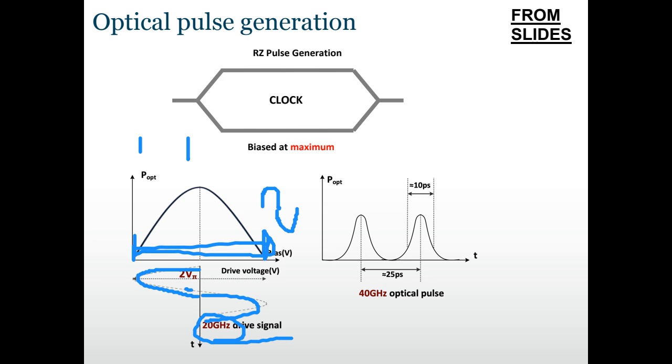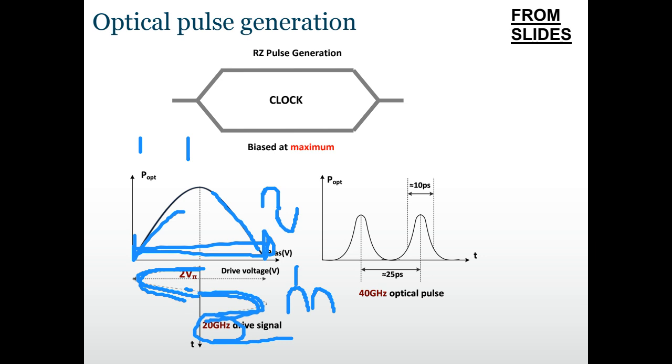So for the first half, the optical output is a peak. And then for the second half, the transfer function is the inverse of the first half, so what we have is another peak. So this reduces the peak to peak by half.